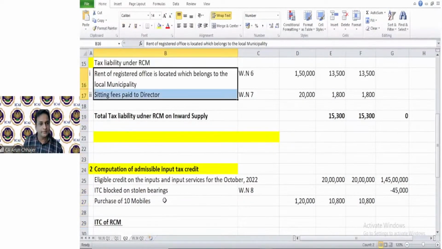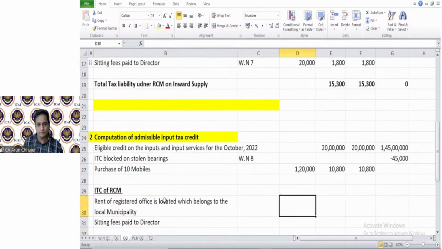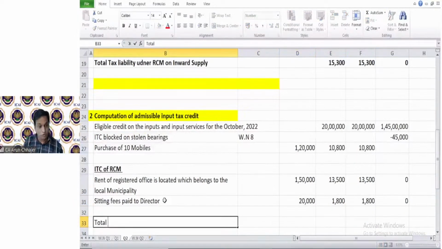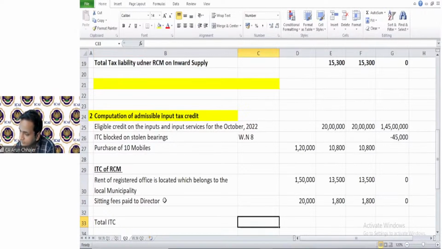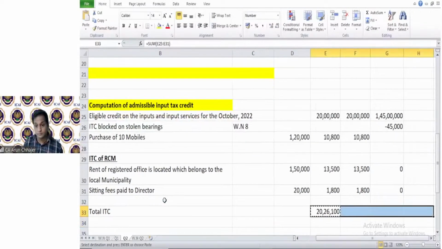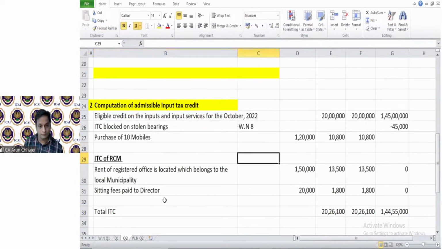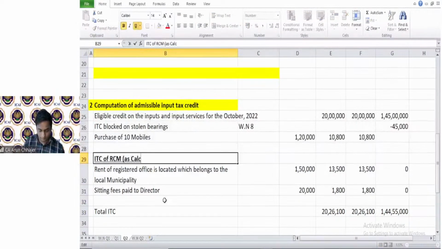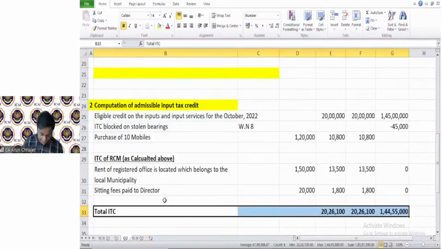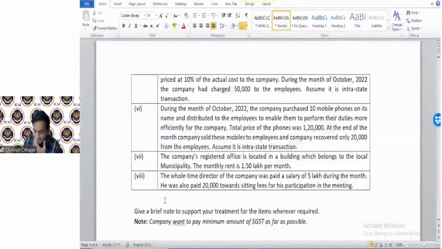You can again simply say the total ITC available is 20.26, something like that, 20.1.4455. No problem.